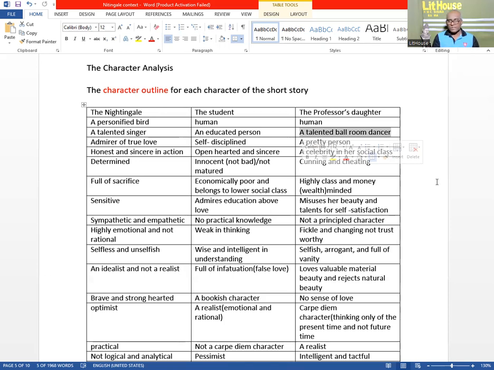This professor's daughter, she's a talented ballroom dancer. Very beautiful, pretty. She's physically pretty, attractive, as well as her dancing skills.